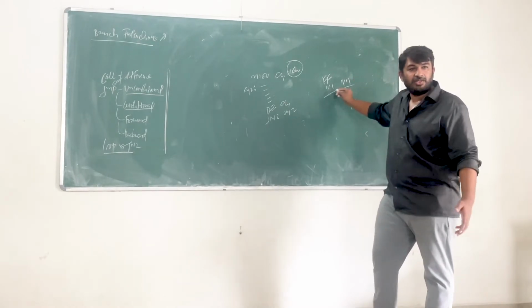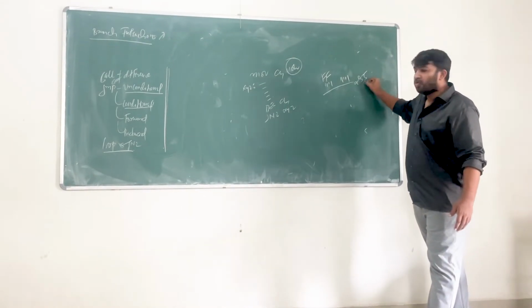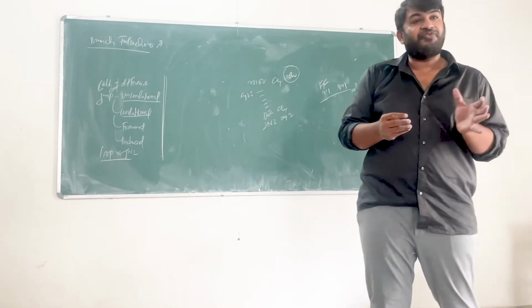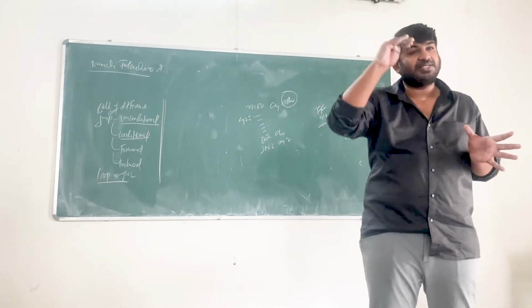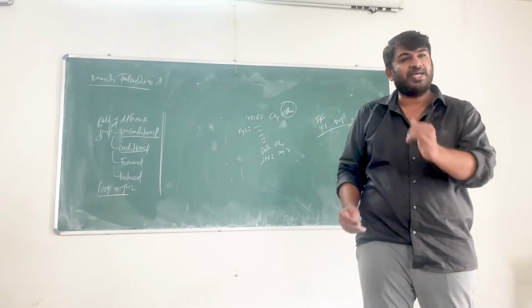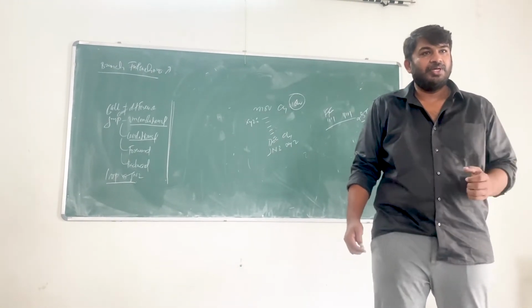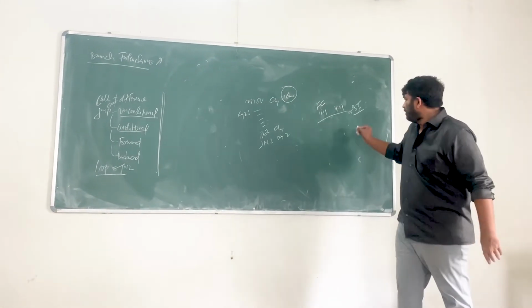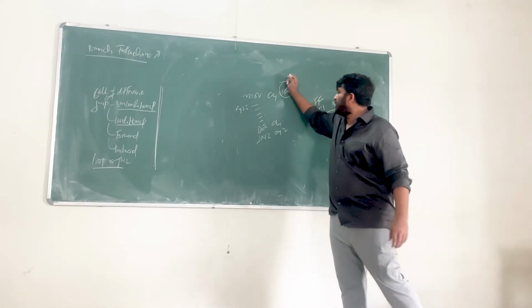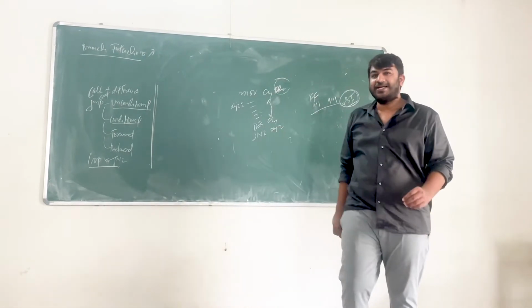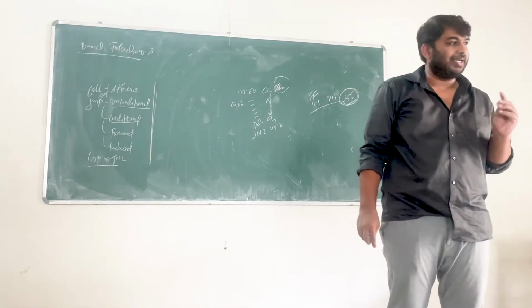What is this number? 255. In 8-bit data, you can store a maximum of 256 different numbers, and the maximum number that you can store is 255. 0 to 255, total 256. If you write FFH, this loop will get executed 255 times.